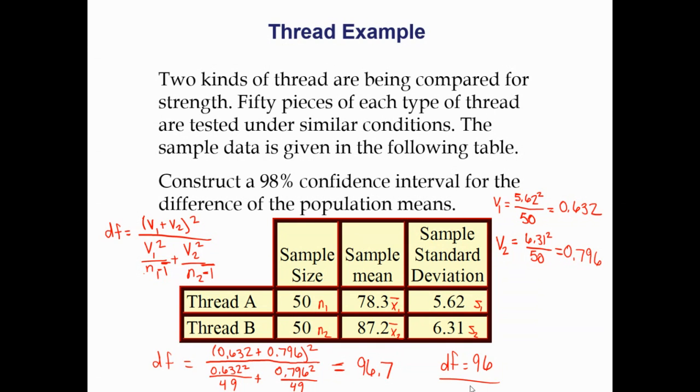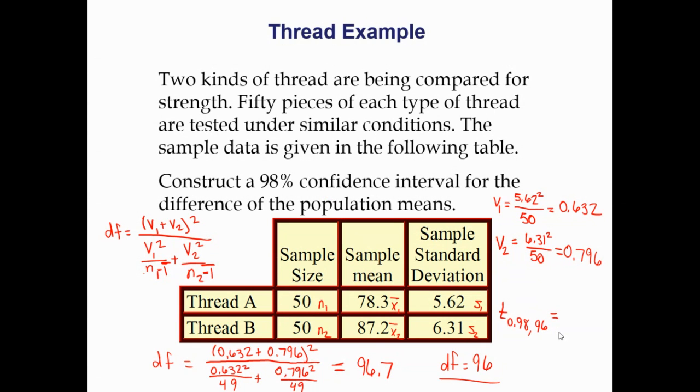Okay, now we need to figure out our critical value for this hypothesis test. So we want a 98% confidence interval with 96 degrees of freedom.